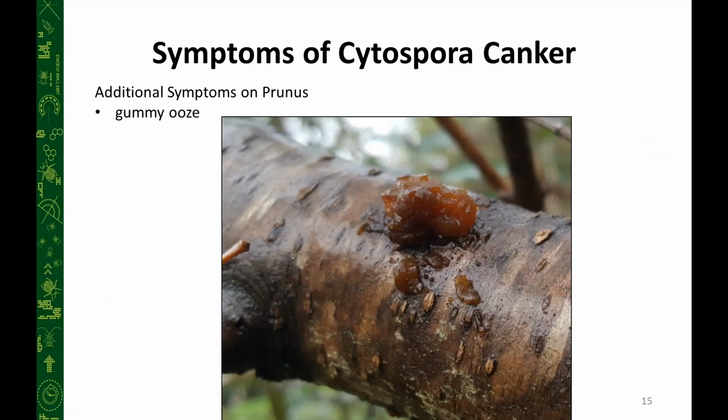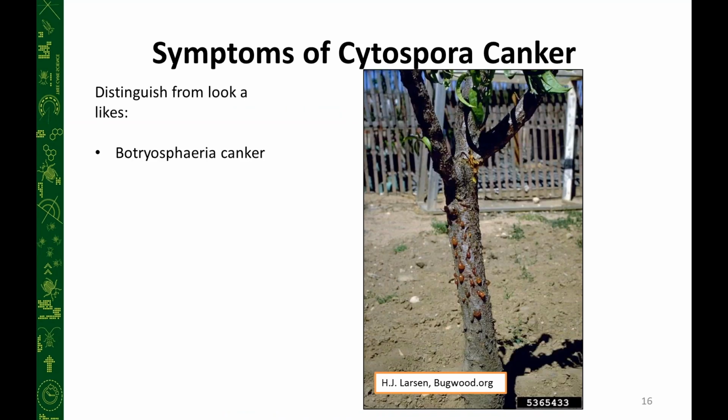Now, again, if we're looking at trees in the Rosaceae family, specifically trees in the genus Prunus, we can also see this gummy ooze, which we often call gummosis. So this gummosis would also be characteristic of the Cytospora canker on trees in the Prunus family. Now, of course, there are a lot of different things that can cause gummosis on one of these trees.